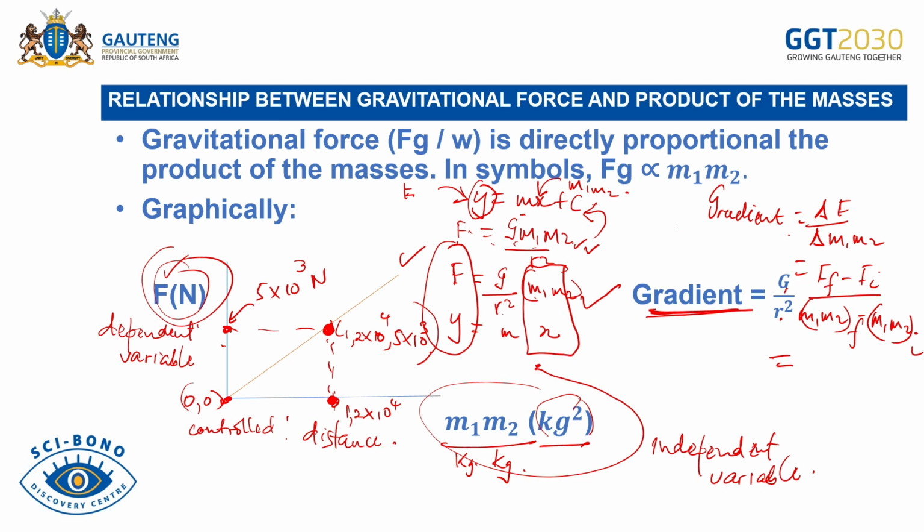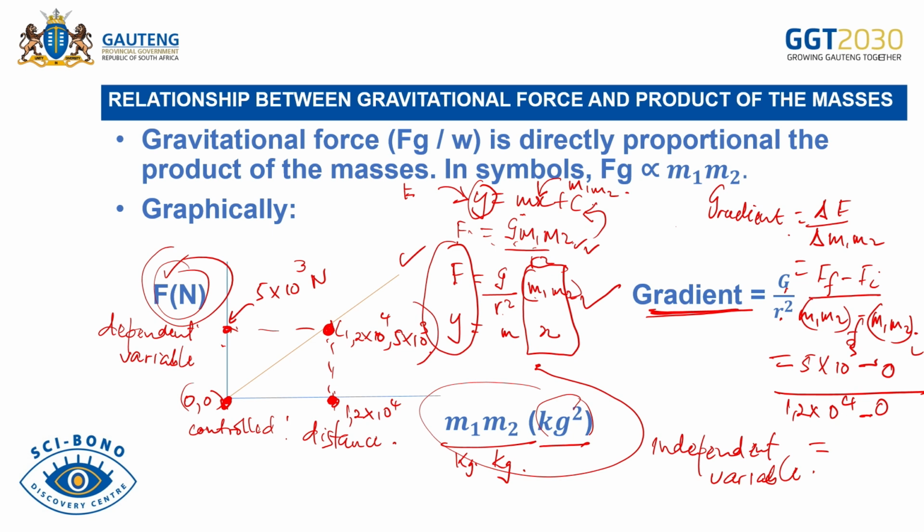F final is 5 times 10 to the power 3. F initial is at the origin, which is 0. Then the product of the masses final is 1.2 times 10 to the power 4, right? Then the initial product of the masses is 0. Then we'll get our gradient here. So you can also calculate at home. Check what you get.